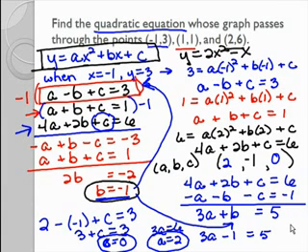So now this is my final answer. That's the quadratic equation, and it passes through all three of these points. And you can substitute in and check it out. Make sure that I didn't make a mistake.